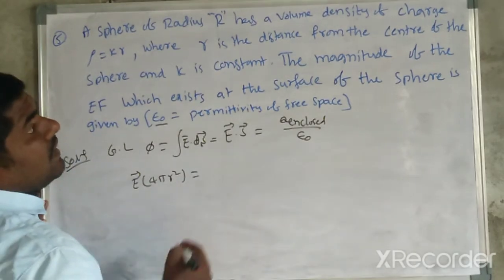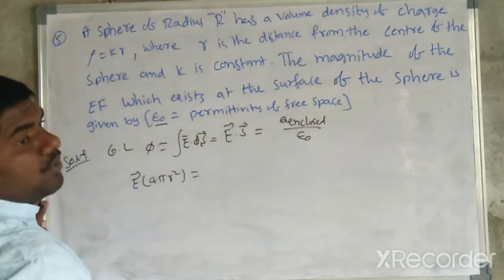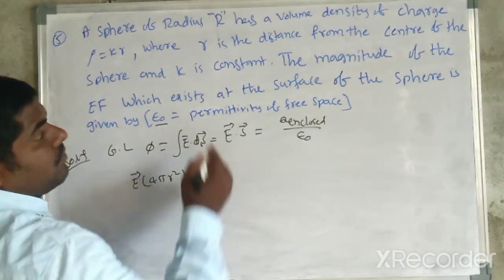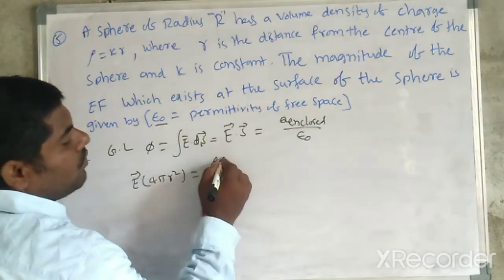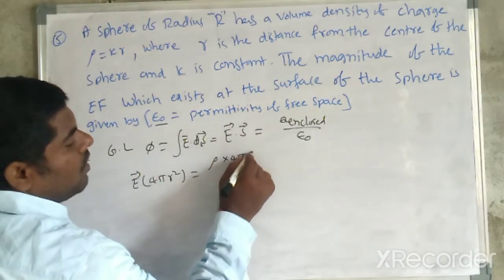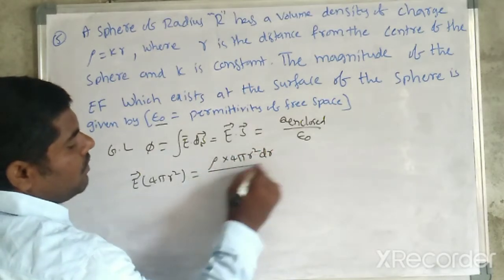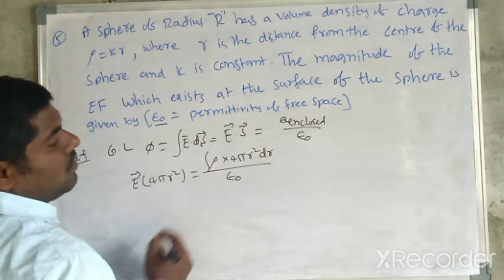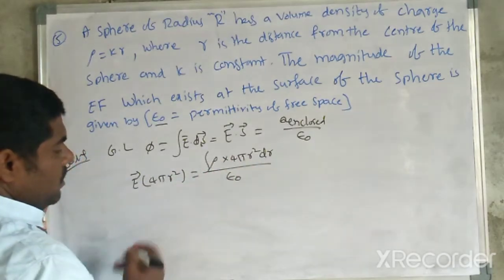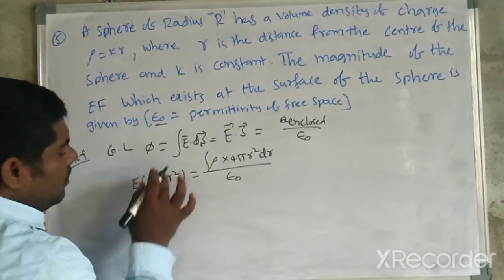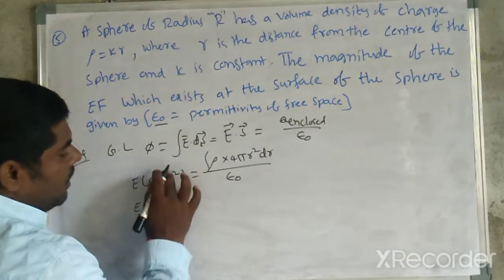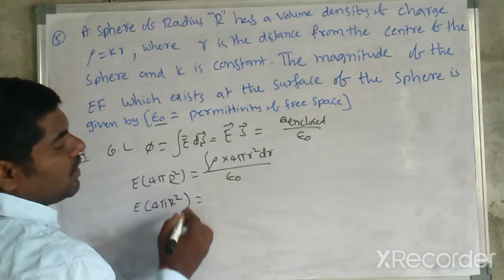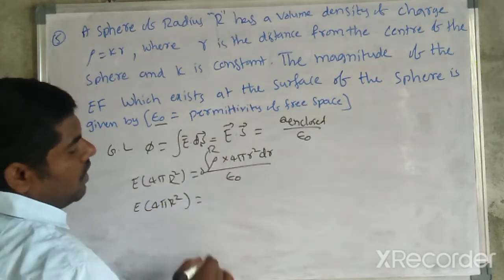Charge is nothing but volume density into volume. So rho into 4 pi r square into dr divided by epsilon naught, integral, because it is a very small elemental charge here. So electric field E into 4 pi capital R square should be equal to the integral with limits 0 to capital R.